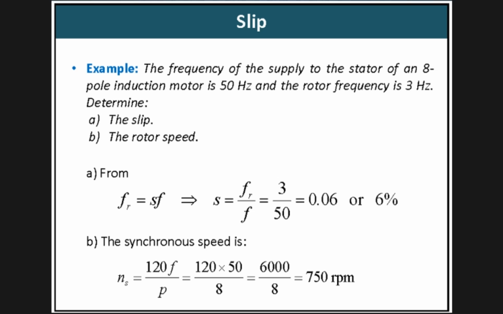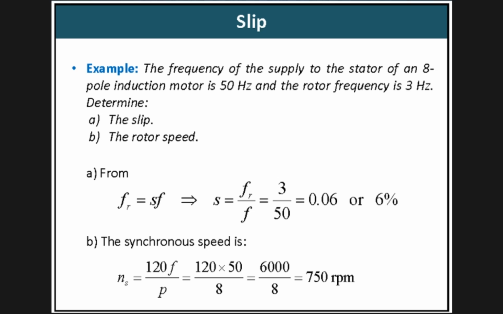And then the rotor speed. We are asked to find the rotor speed, that is the n value, right? If we know slip and synchronous speed, we can calculate rotor speed.